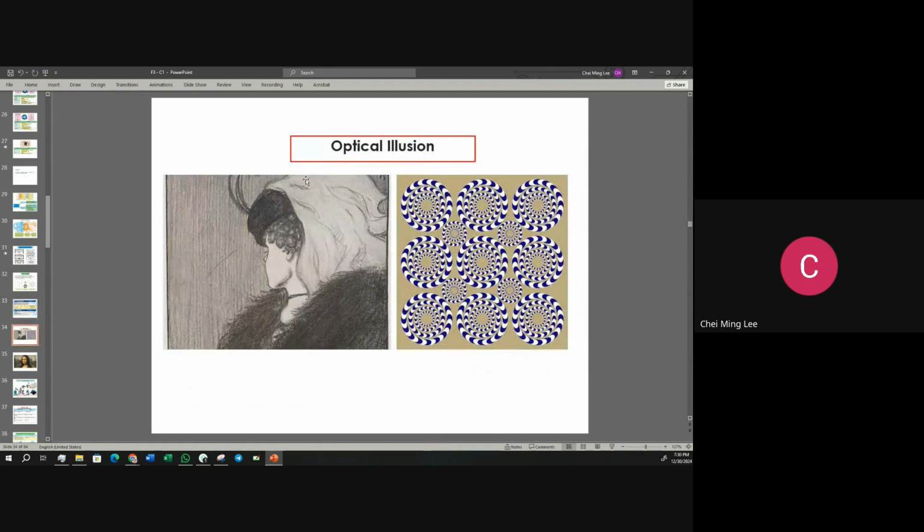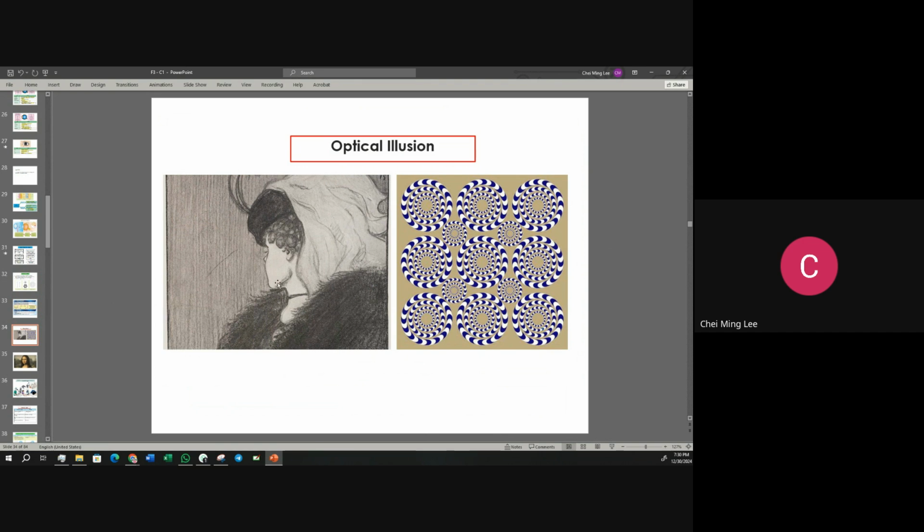Now, for example, you will find that this one, after you look for a while, will spin. Correct? How do you see this one, an old woman or a young girl? If you look at this as the nose, and this is the chin, this is an old woman.